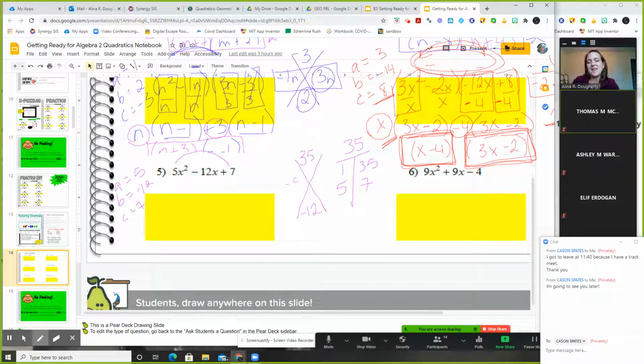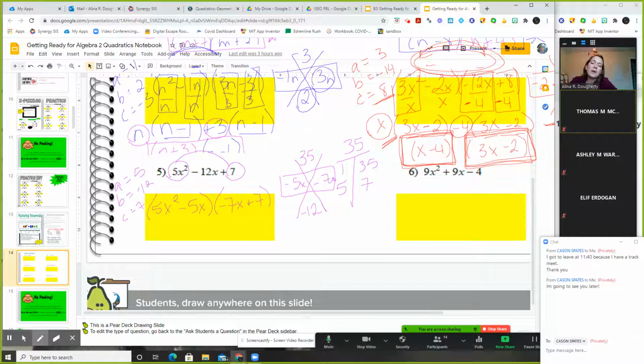Awesome. -5 and -7. So when we put it all back together, the beginning goes at the beginning, the middle goes in the middle, and the end goes at the end. So 5x squared minus 5x minus 7x plus 7.